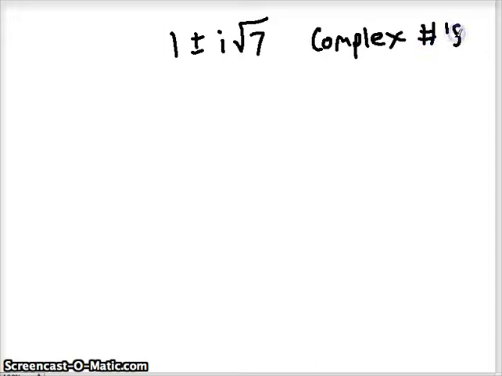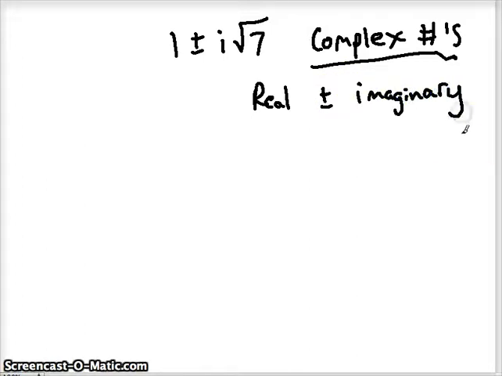Complex numbers sound really complex, but they're not. Complex numbers just means that we're combining a real number with, either adding or subtracting with, an imaginary number. So something attached to i, right? And that's called a complex number. So they're not too complex. We can do math with complex numbers.